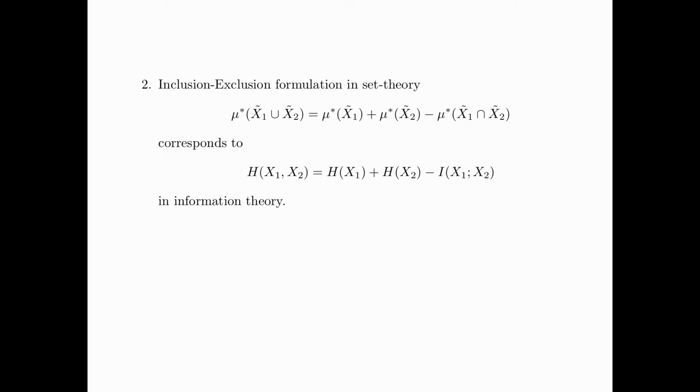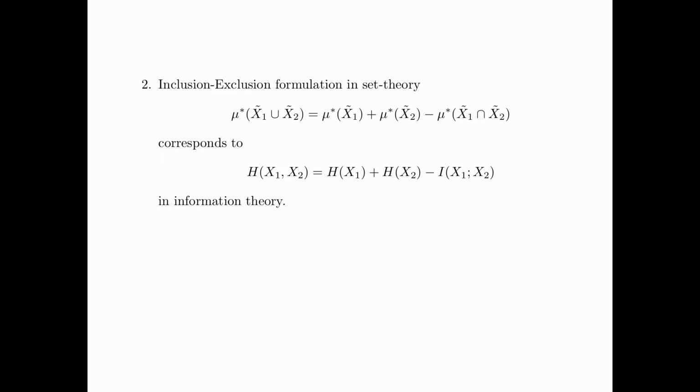Here is another example. In set theory, we have the celebrated inclusion-exclusion formula, which says that mu star of X1 tilde union X2 tilde is equal to mu star of X1 tilde plus mu star of X2 tilde minus mu star of X1 tilde intersect X2 tilde.